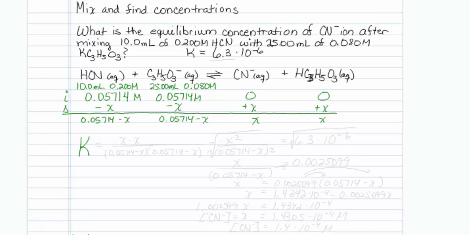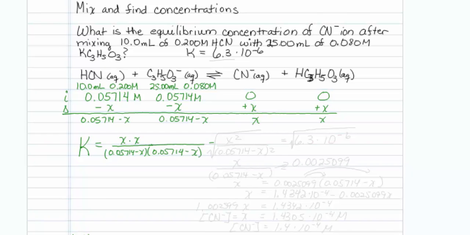Now I will write my equilibrium expression. That would be products over reactants raised to the coefficient. We've done enough of these that I hope you will just allow me to write x times x over 0.05714 minus x and 0.05714 minus x.